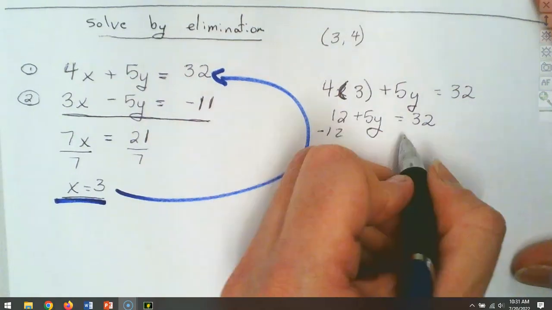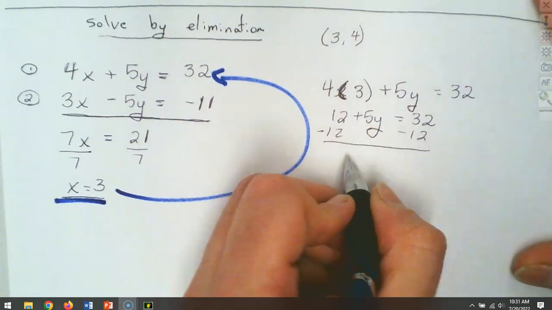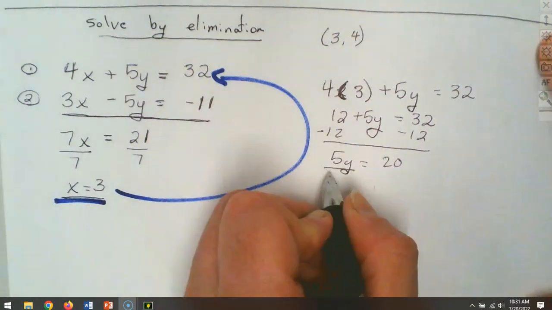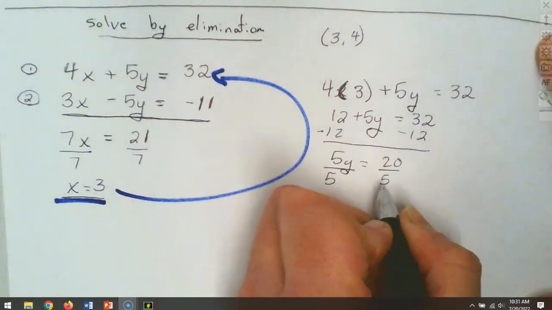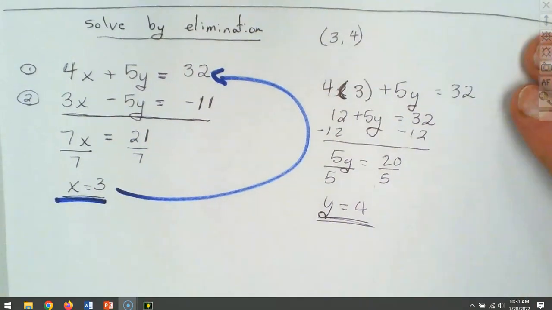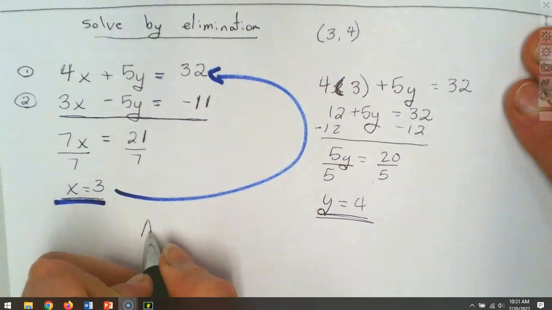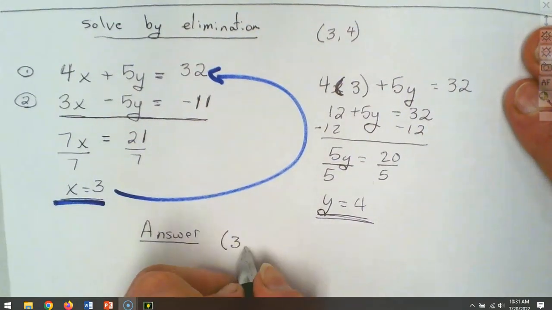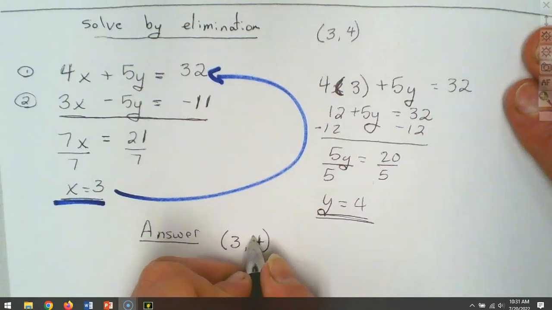I'll move that 12 over. And so now we've got 5y equals 32 minus 12, which is 20. We'll divide by our 5, and what do we get for our value of y? 4. And so what's our answer going to be? Yep, as an ordered pair, 3, 4.